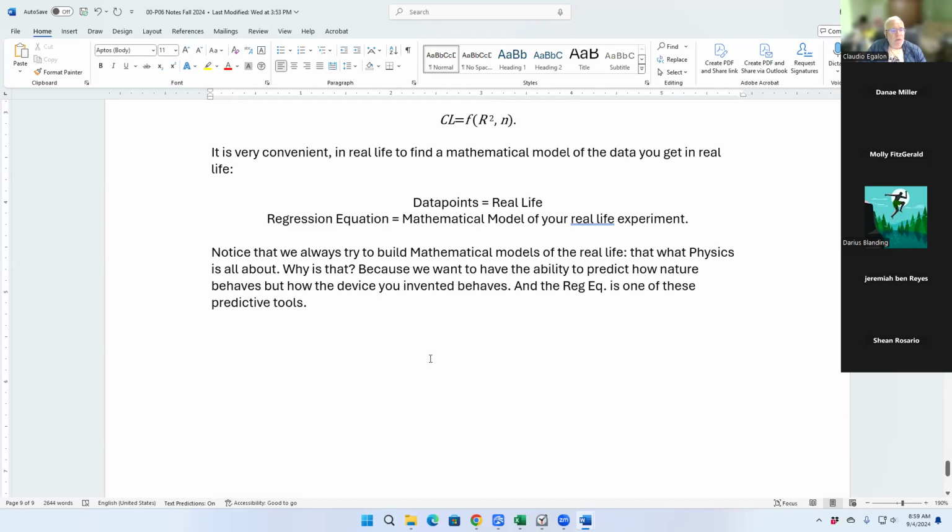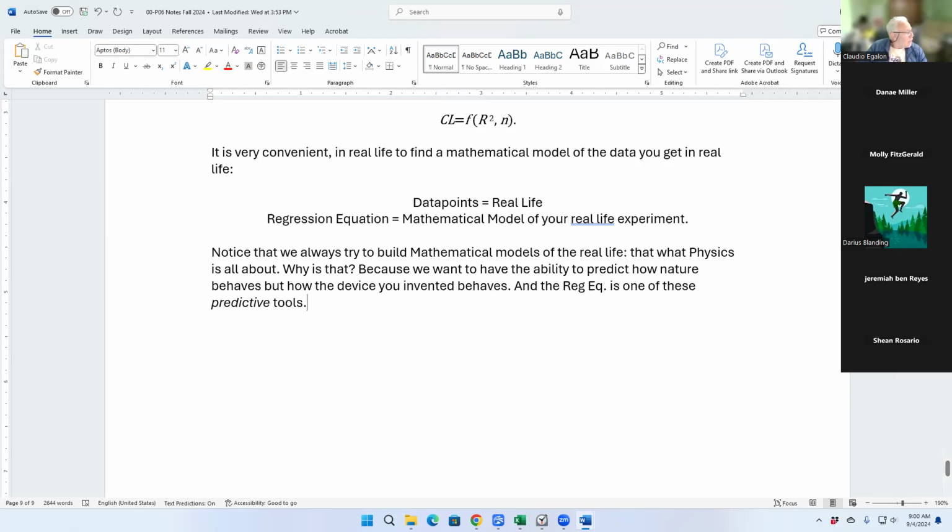The regression equation is just one of those predictive tools. Physics is about predicting what's going to happen in the future, just like the predictions scientists are making about global warming. They have mathematical models, they fit them with a regression equation, and they can see where global warming is going just by looking at their regression equation.